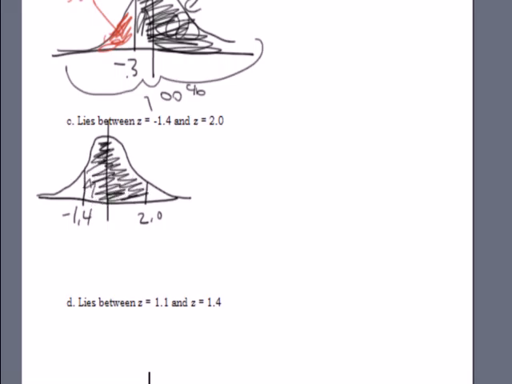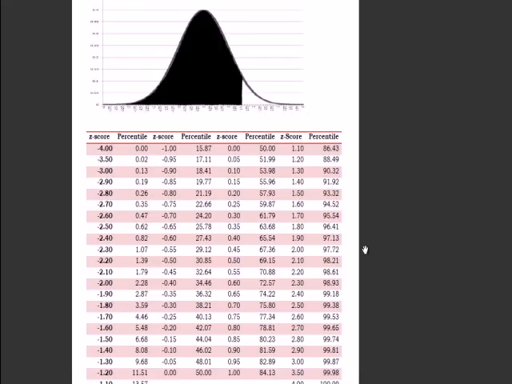But when I come over to my z-score table, I only ever get pictures that look in this form. I'll look at the negative 1.4, and I should see that 8.08% lie below there. The 2, 97.72% of the data items lie below 2 standard deviations above the mean.